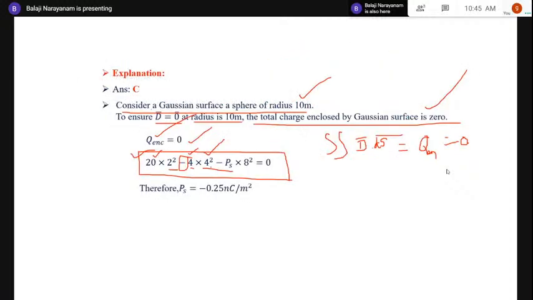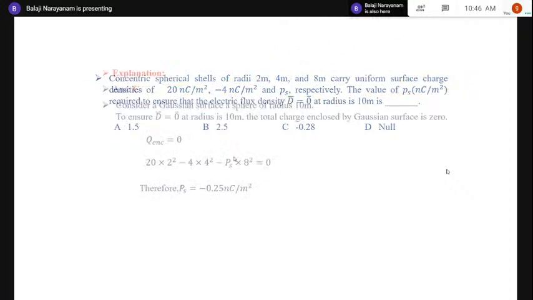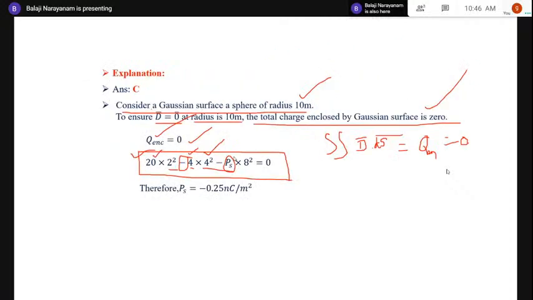So you substitute that 4 meter. And the third is rho s, the surface charge density for the third one. So rho s into, again, the radius square here, and you equate integral D dot dS, which is the charge enclosed, to 0.